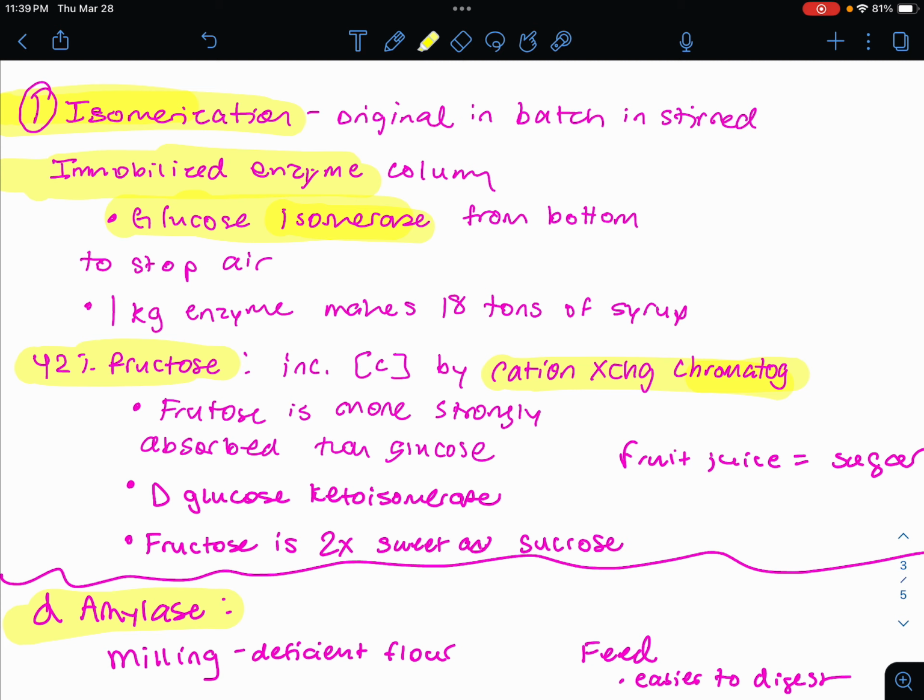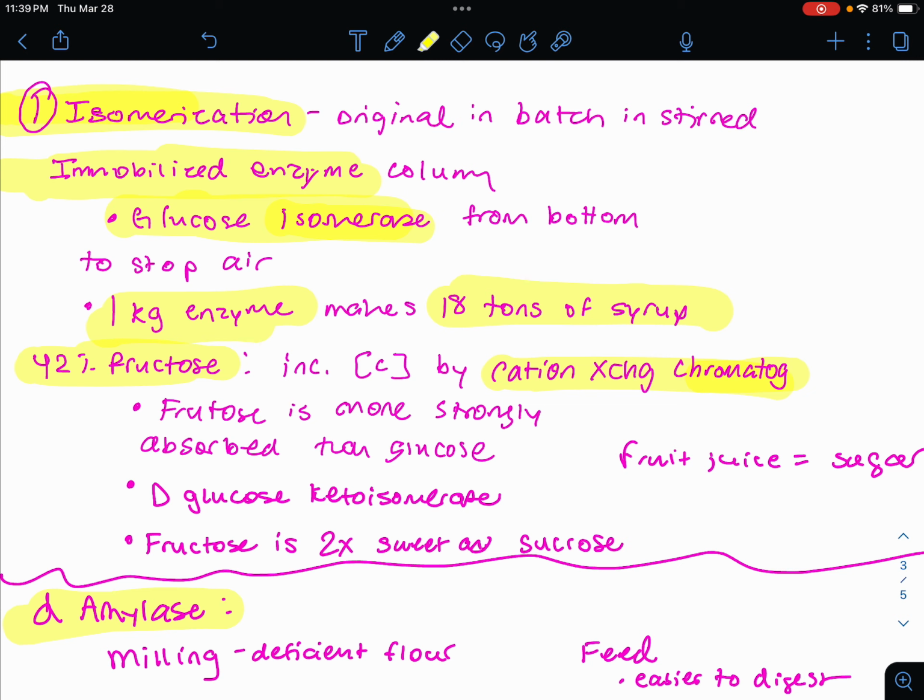Okay, so you add the stuff from bottom to top to stop air, and 1 kilogram of the enzyme will make 18 tons of the high fructose corn syrup. Very important to understand this process. The reaction for isomerization is carried out at 42% fructose.